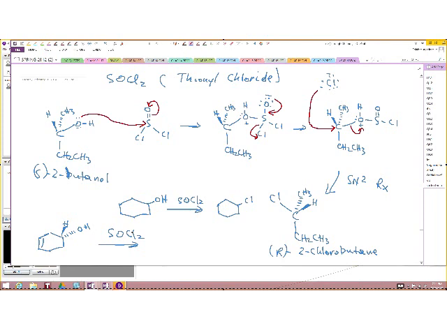In that case, you need to show the stereochemistry also. So that means that the chlorine will be here, and the hydrogen will be here. Okay, so let us go back to that question.